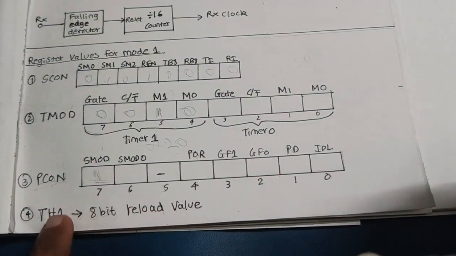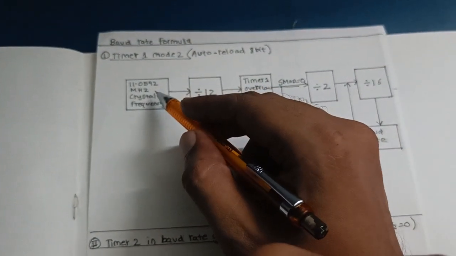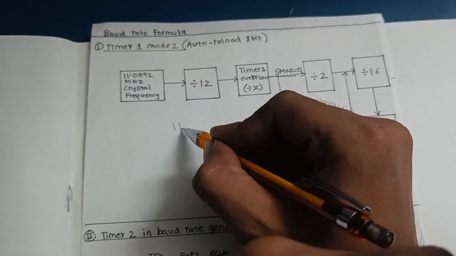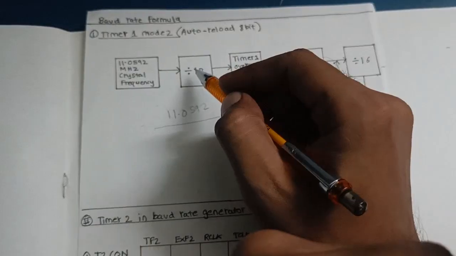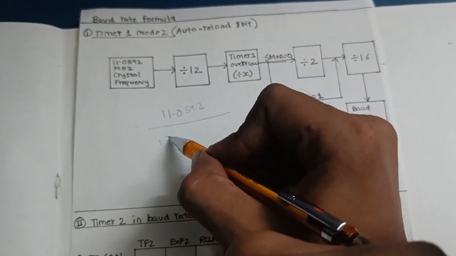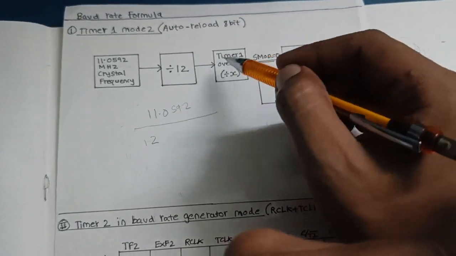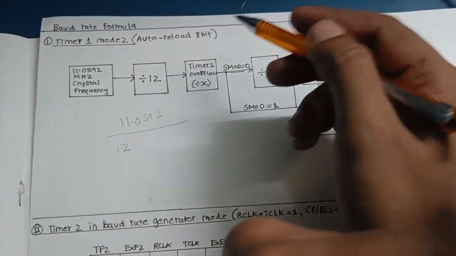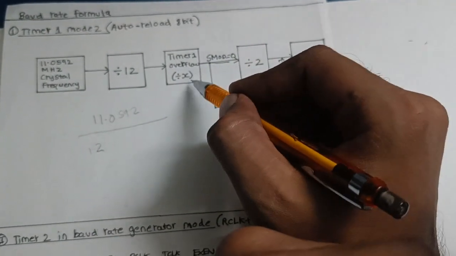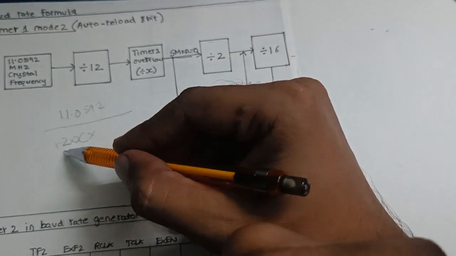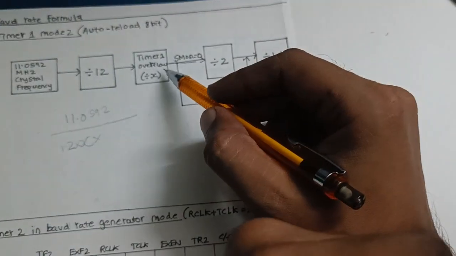Let's see how this TH1 value is calculated for the baud rate. This is the crystal frequency, 11.0592 MHz, and in the denominator we divide by 12, because one instruction cycle takes 12 clock cycles and timer 1 is incremented on the instruction cycles. Timer 1 will divide this frequency by x, so 12 times x goes in the denominator, and the numerator is the crystal frequency.